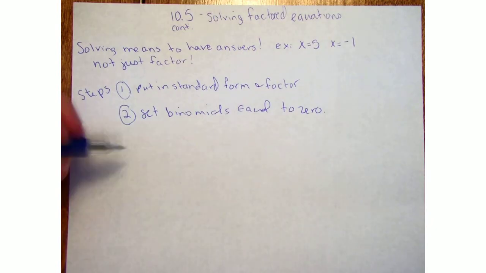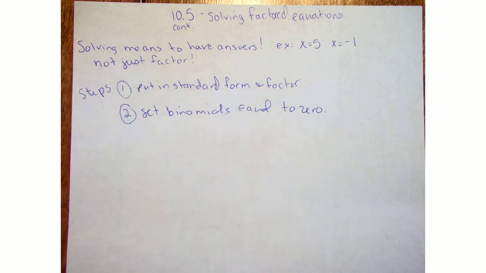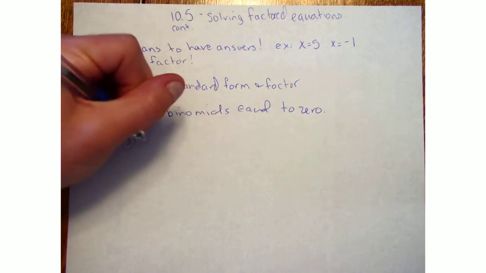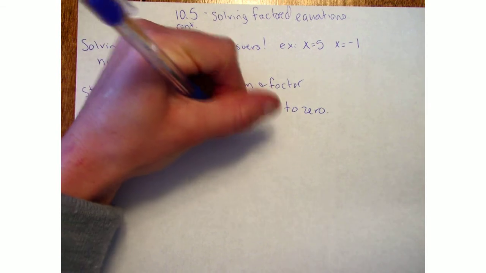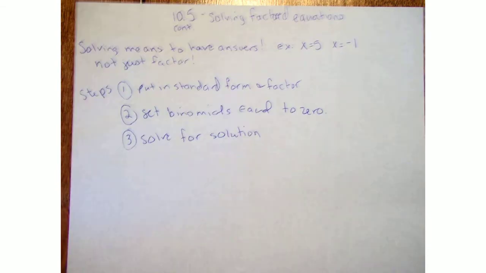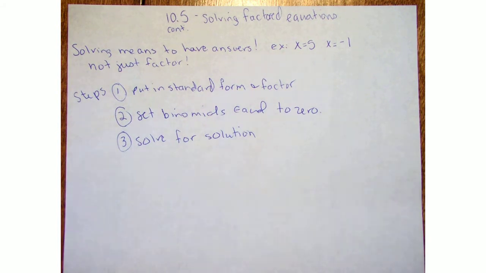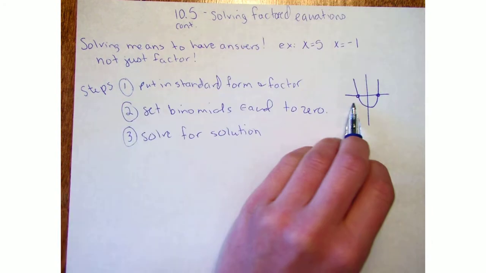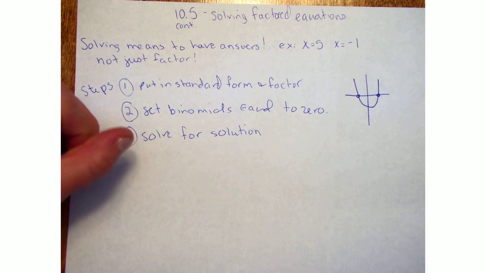This comes hand in hand with section 10.4, where you were given two binomials and you had to get the zeros. The third step, solve for solutions. So with the factoring, you're finding what the zeros, solutions, roots are, aka if you have a quadratic, what your roots are.